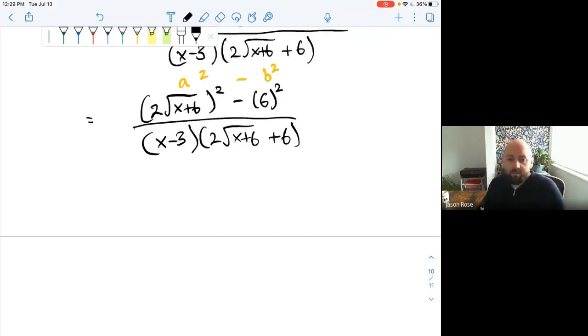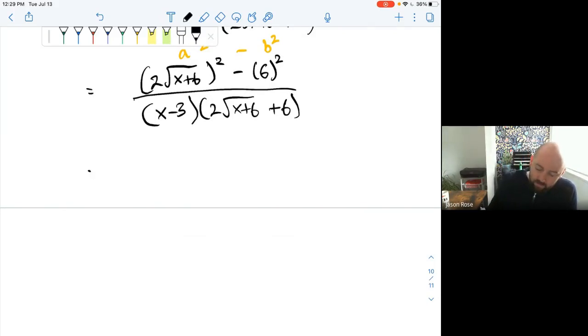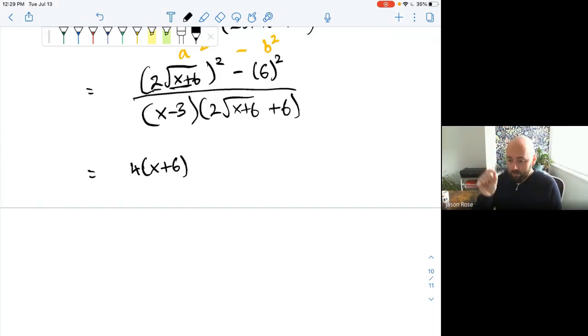Okay, so let's get to simplifying and see if we can make any cancellations here. So squaring out this first term, what we get is 4 times x plus 6. Don't forget that when you have two things multiplying inside a bracket, like this and this here, the power of 2 applies to both of them.